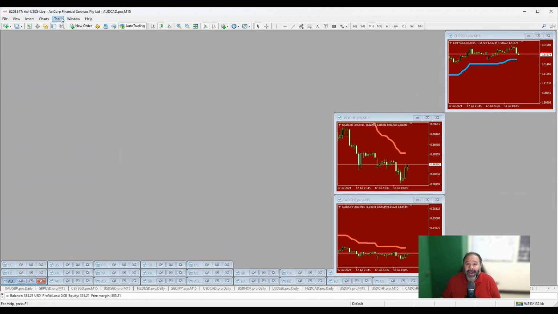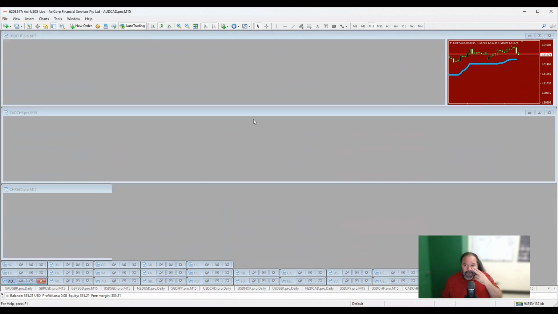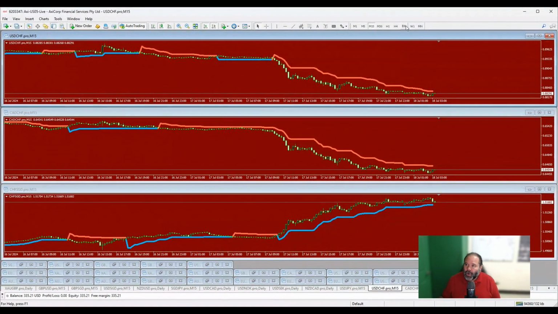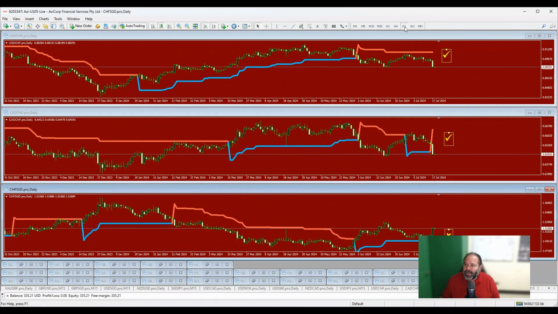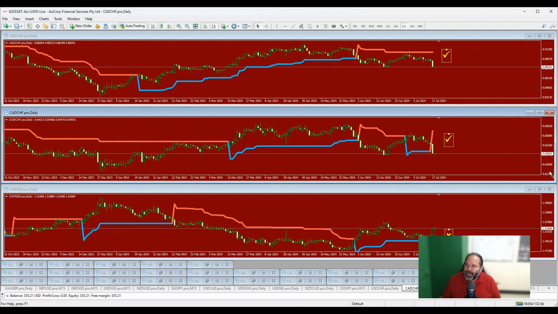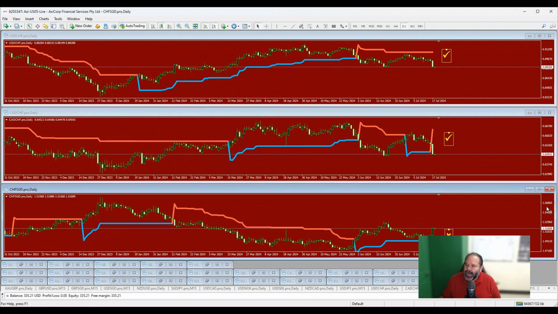So remember, we're analyzing USD CHF, and I want you to see what I saw. Why at first I go to the daily chart. Now, let me explain to you. You see this check mark and the X down here.